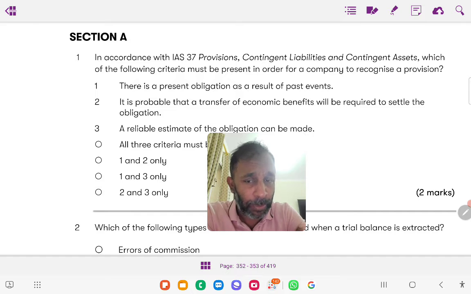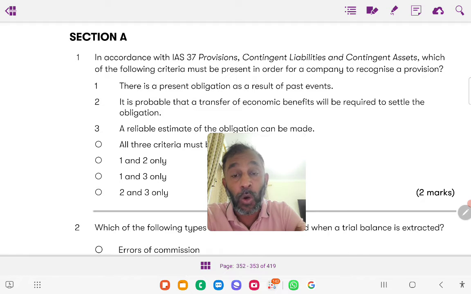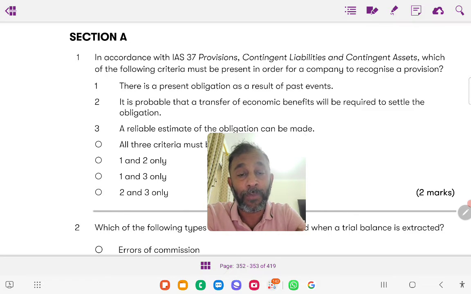A good example is when you sell electronic items, you give warranties, and you foresee that sometimes the customer will come for repairs or service on the device you sold. You have already committed to the customer based on the contract or agreement or as customary practice, and this will lead to a probable transfer of economic benefits. Then that is one of the conditions that we have to tick in our boxes before we recognize any amount as a provision.